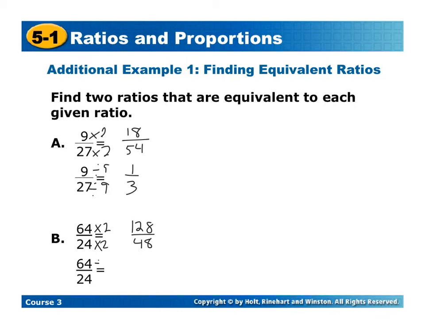Here we could also divide each by 2, or we could also divide them by 8, which is going to give us 8/3. Now one thing with ratios that you want to keep in mind is we're not going to change them into mixed numbers because they're not actually fractions. We're comparing two parts through division, so we'd leave them as an improper fraction.